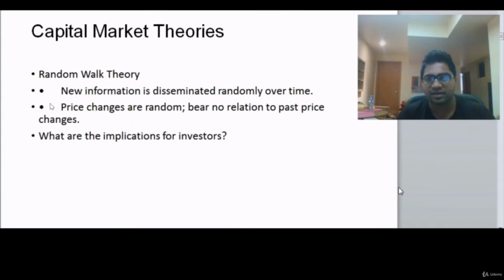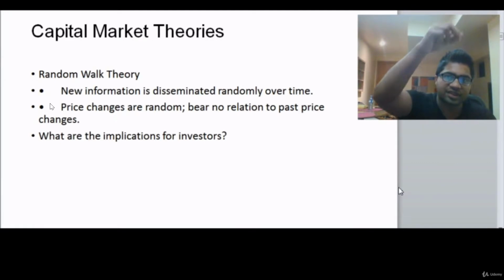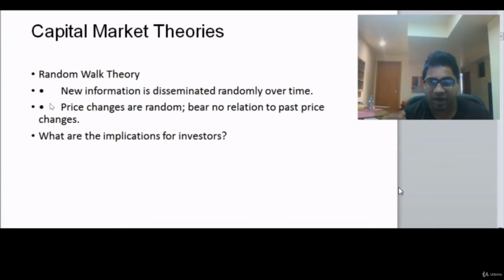For example, if Apple is continuously moving down, so it has a downward trend, but at any given point of time the possibility of Apple moving up and moving down is the same. So even if it is moving down consistently, the future doesn't reflect it.